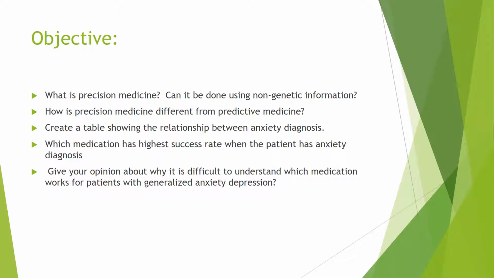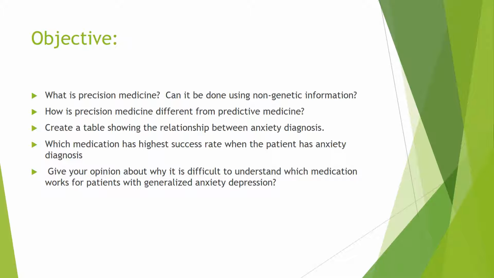The objective of this assignment is knowing the definition of precision medicine and if it can be done using non-genetic information, the definition of predictive medicine, and the differences between precision and predictive medicine.